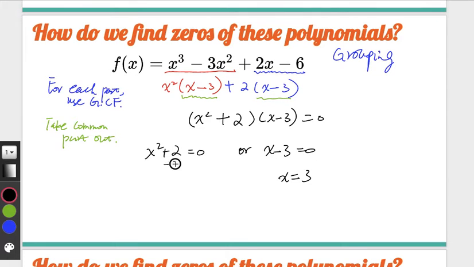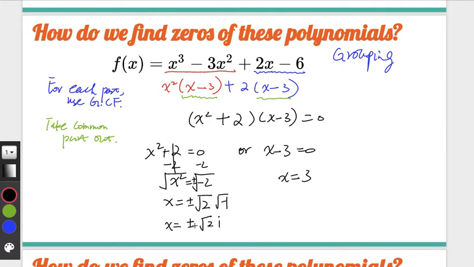For this one, after we subtract 2, you will notice we are dealing with the square root of negative 2 again. So the easy way to do this is, by the way, do not forget plus or minus, because whenever you find a square root, there are two possible solutions. So the answer is plus or minus square root 2 i.